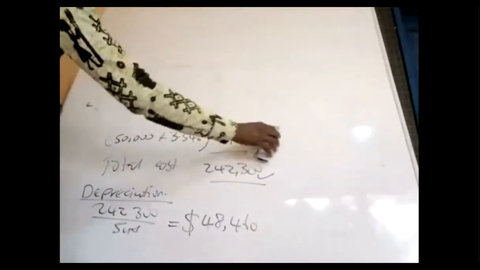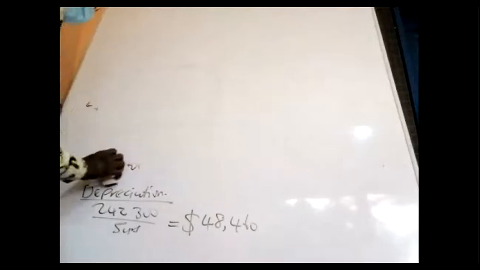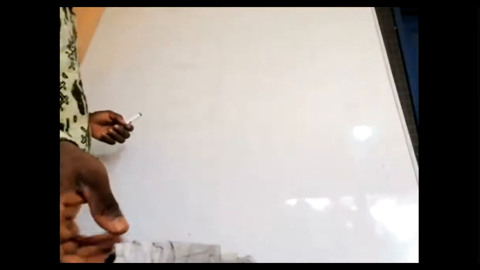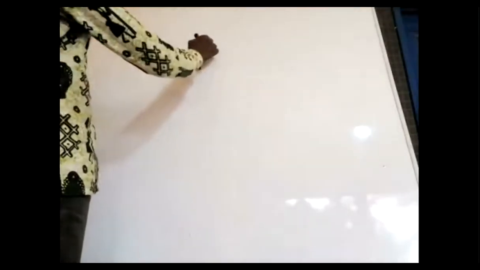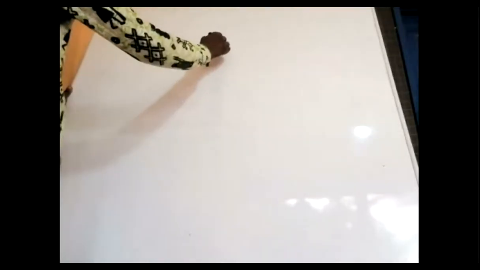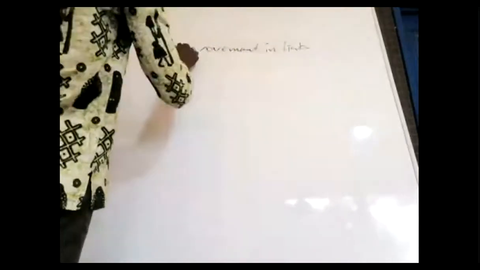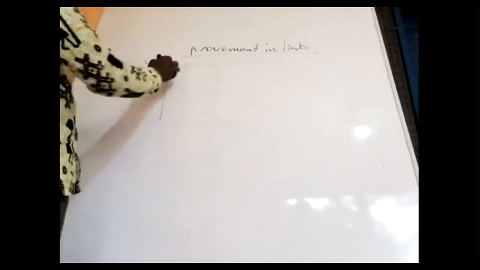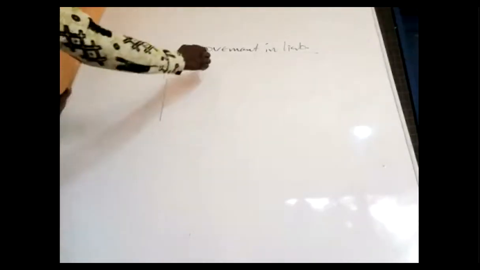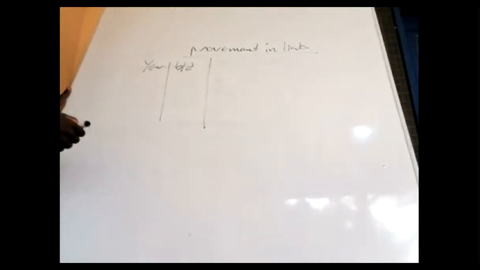Good. Now the workings number 2. We call it movement in liability. Let's look at that one. Now we'll start with the year. We'll go to the opening balance, that's the liability at the start of the year.